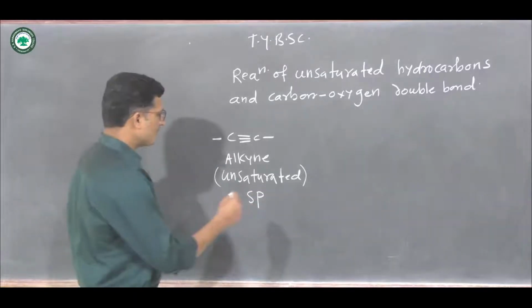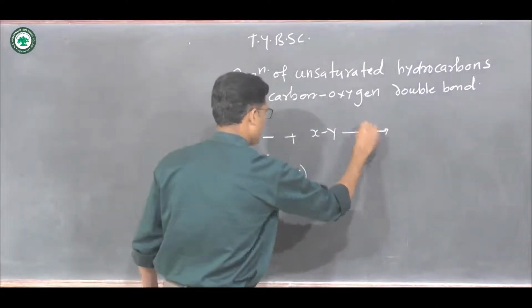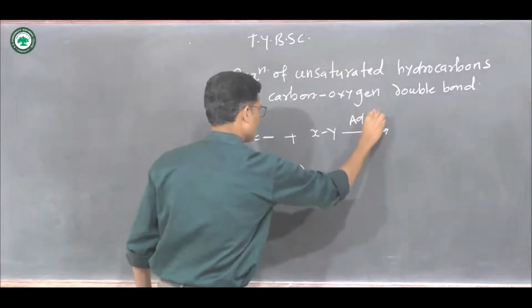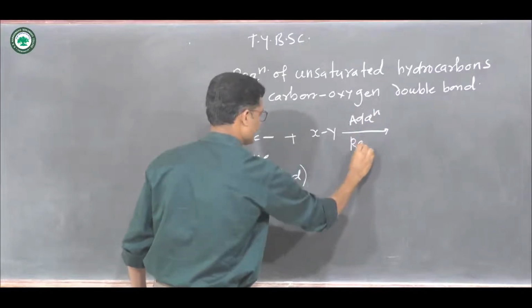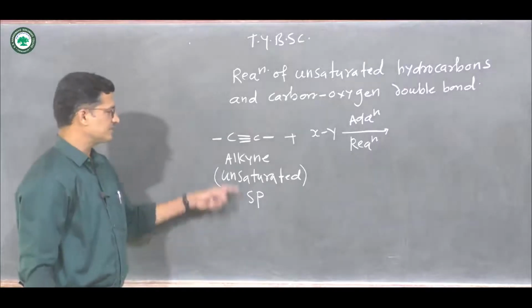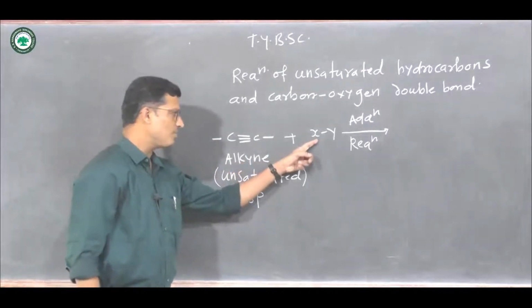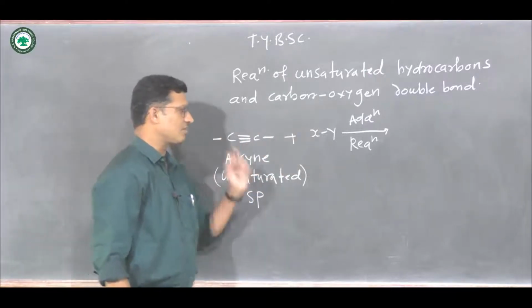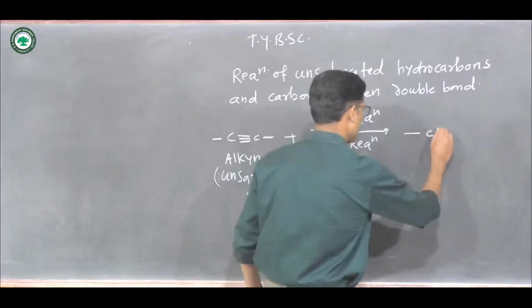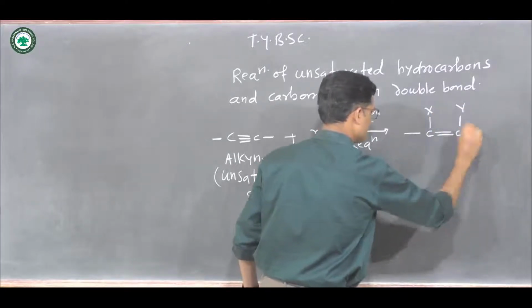But when we add the reagent XY and do the addition reaction, when the addition reaction takes place on alkyne, then one molecule of reagent is added to the carbon-carbon triple bond and we get your product.